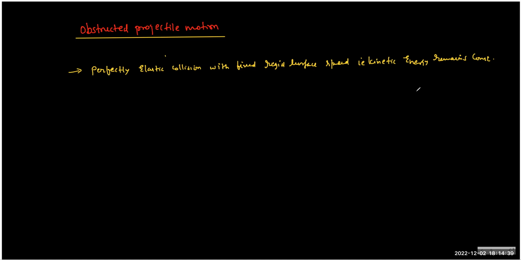So the easier one we should be able to answer at least at a conceptual level. So imagine we have a wall like this, and you throw something from here. Let's say you throw at some angle.